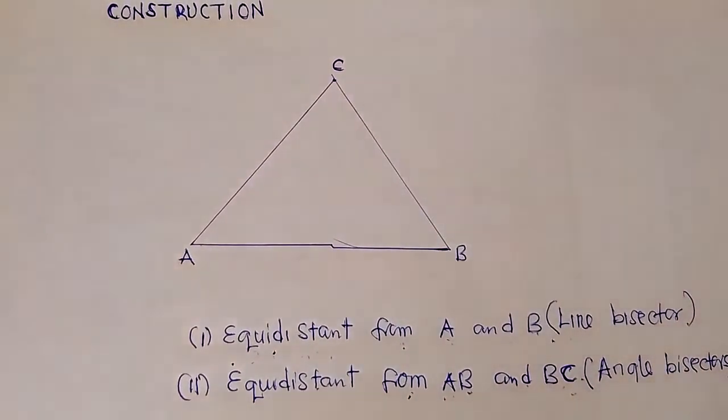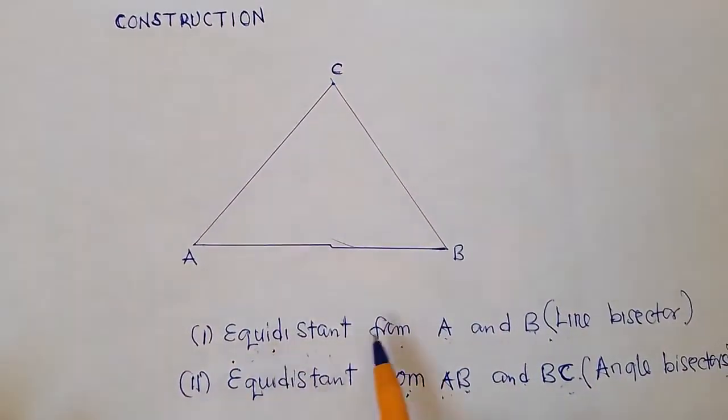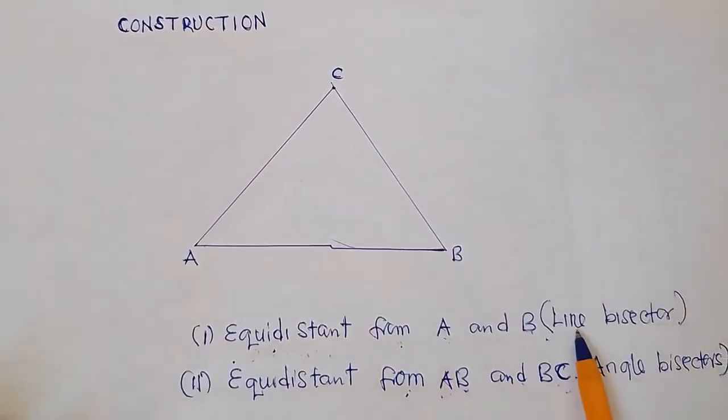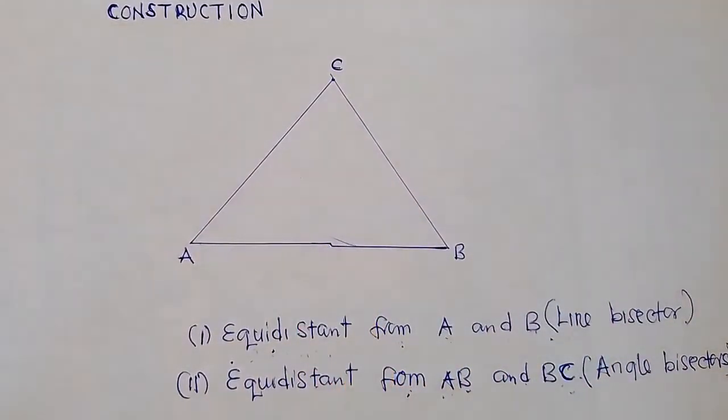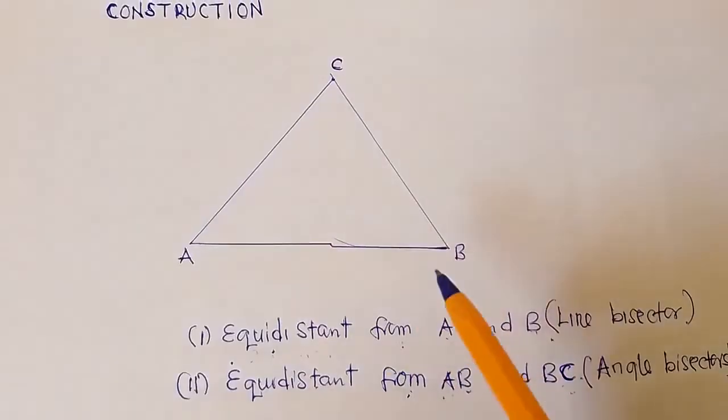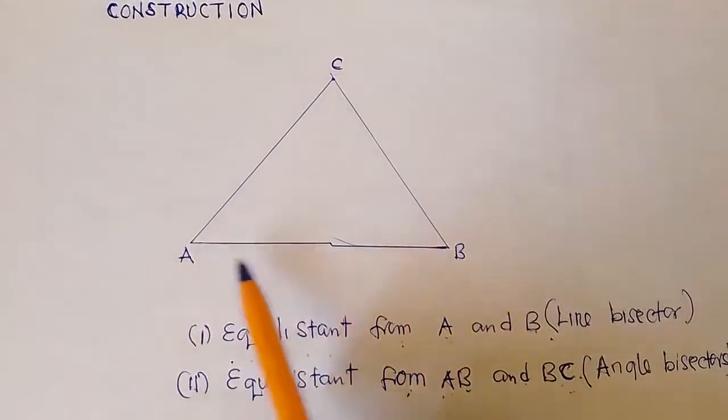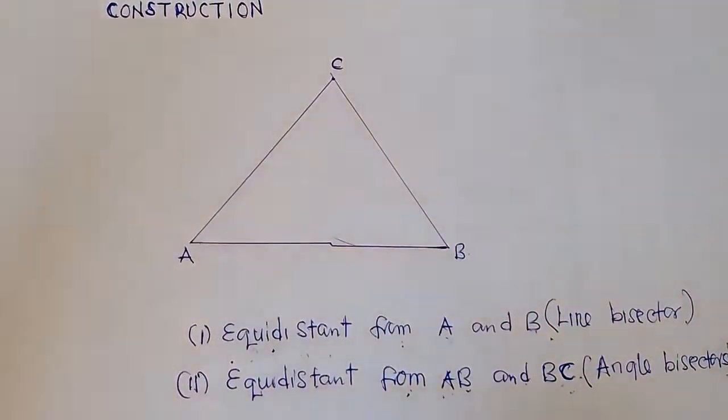So now, how can we go about this one? The first question is saying equidistant from A and B. We are going to do this on this triangle that I've written here. I hope you've got your own triangle, no measurements, any triangle of your choice, and you put down A, B, C, then follow through what I'm doing.